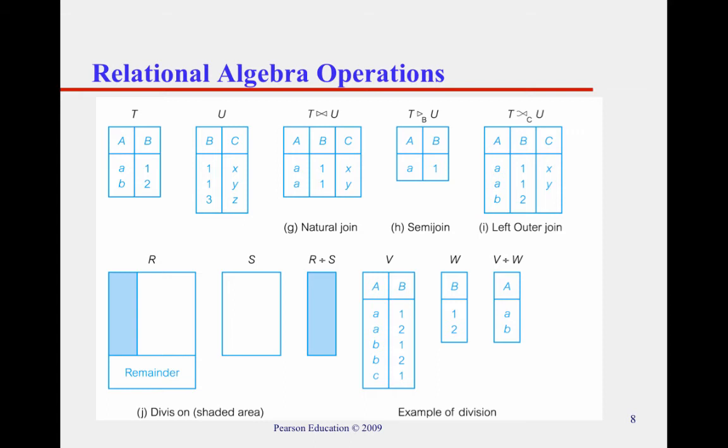Division is the hardest operation to get your head around, but it's easiest to do it through some examples. So let's say that I have a database of national park visits. So I have one relation which is national parks. So maybe it has Yellowstone, Great Smoky Mountains, Glacier, and so on.